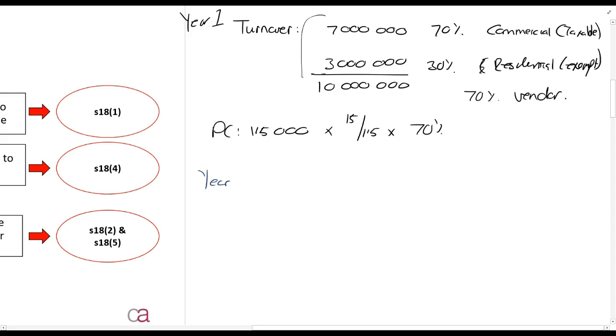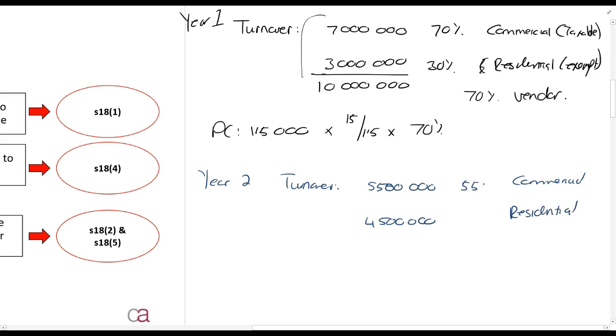In year 2, my turnover changes. It is now, let's actually do it like this. My turnover changes now. It is 5.5 million rands commercial, and it is 4.5 million rands residential.